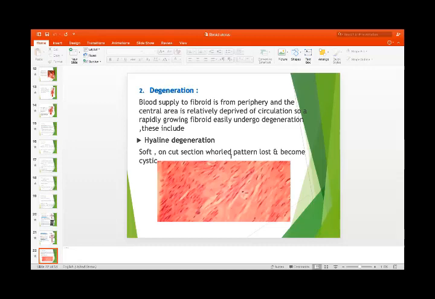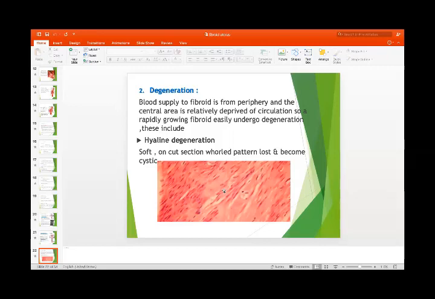Now, degeneration is another complication of fibroids. A rapidly growing tumor easily undergoes degeneration. So there are certain types of degenerations. In hyaline degeneration, the fibroid is soft, and on cut section the whorl pattern is lost and it becomes cystic in the center.